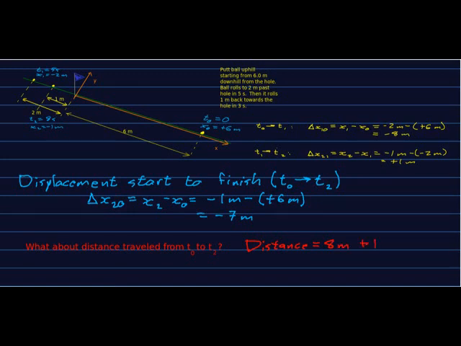Then it came 1 meter back down the hill. The total distance traveled is 9 meters. So not only does the distance not have a direction associated with it, here the negative is telling us about direction, it's not even the same size as the displacement, because we calculate it in a very different way.